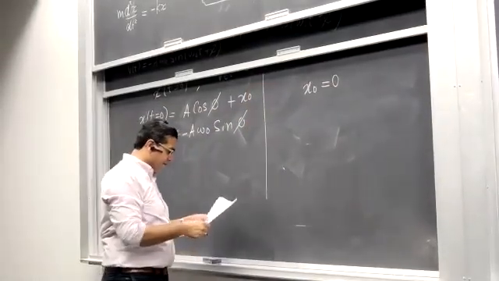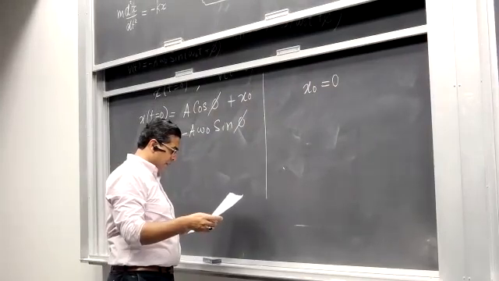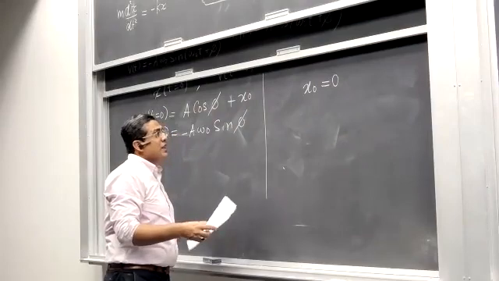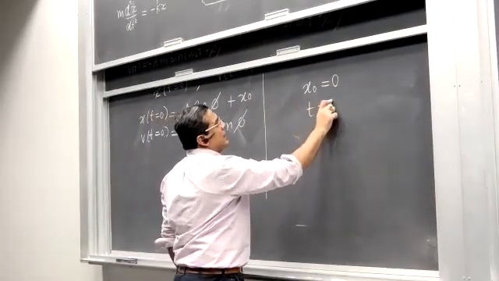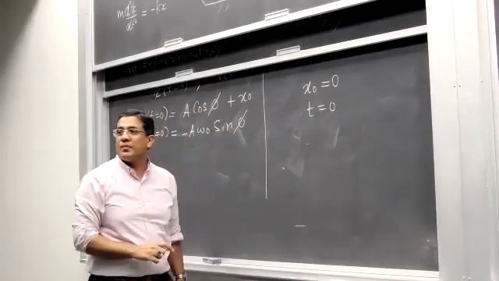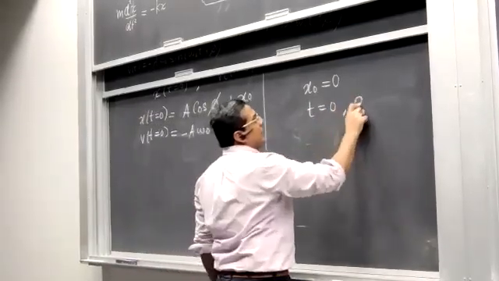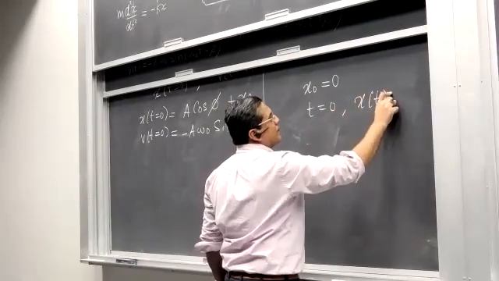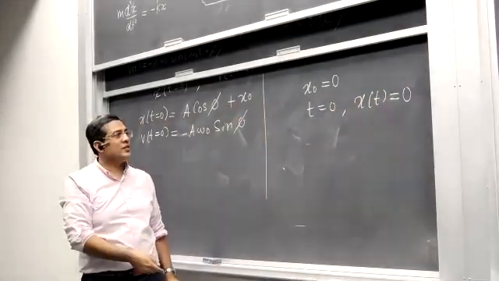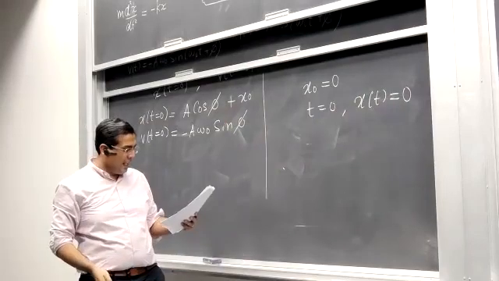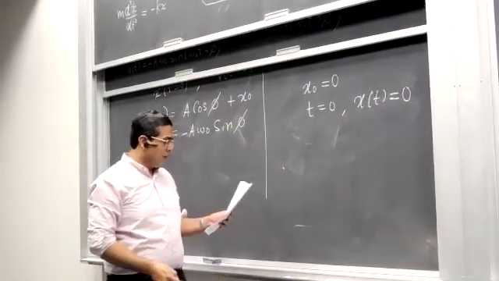Then you say that when you turn the clock on at t equals 0, x of t is also 0. You are at the equilibrium position.